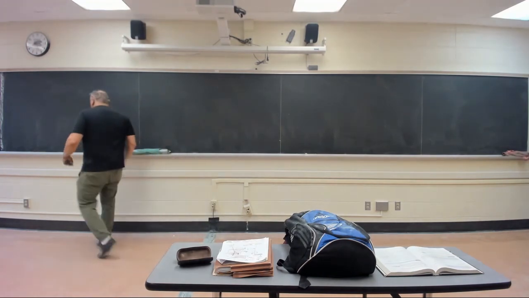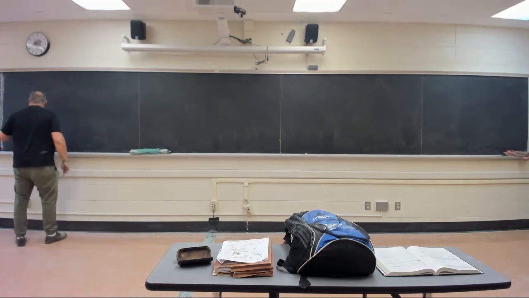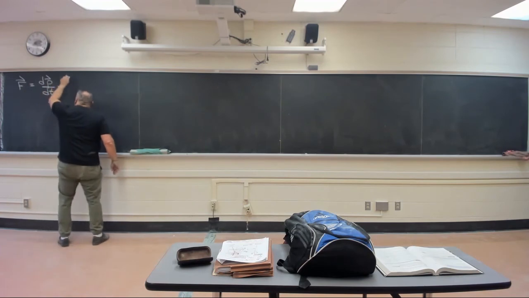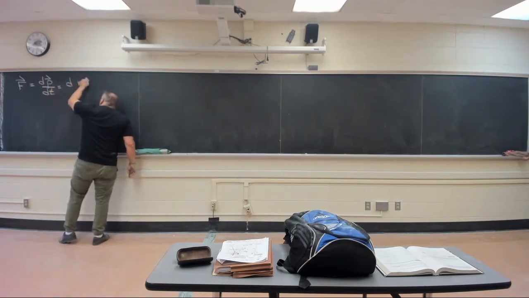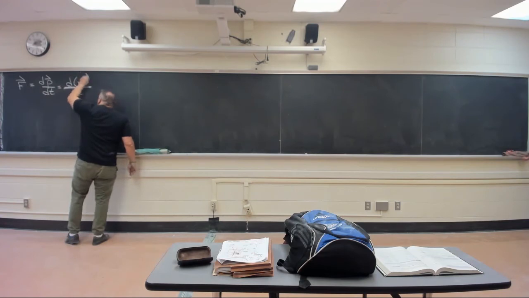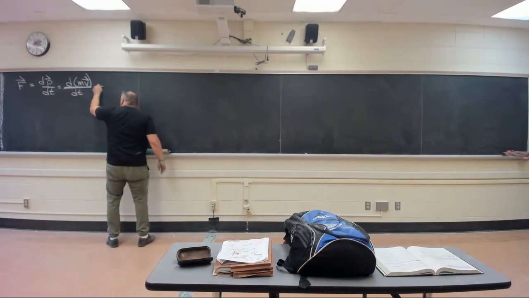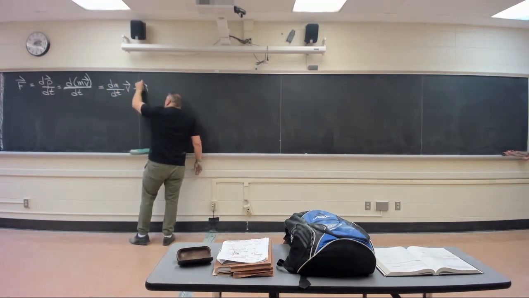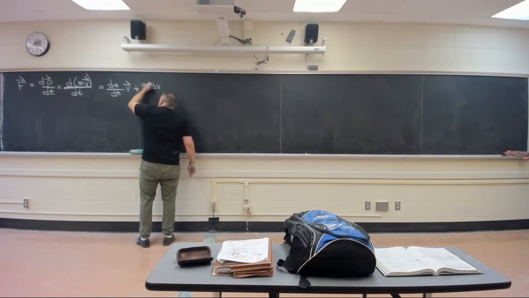What's happening here? Well, we said a couple things. We saw what happened. In the strictest sense, F vector is dp vector dt, which is d(mv vector) dt.